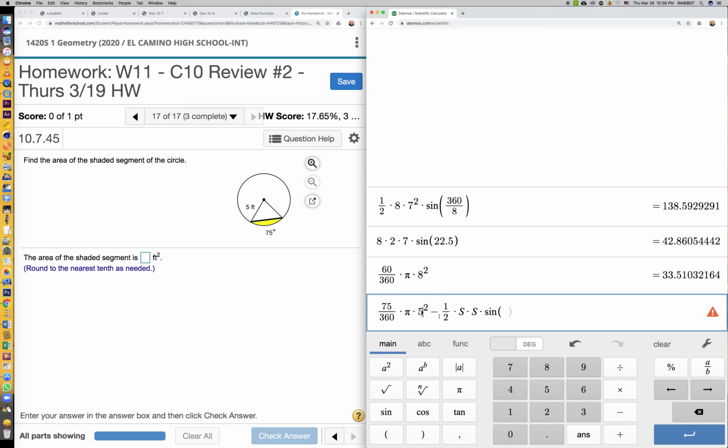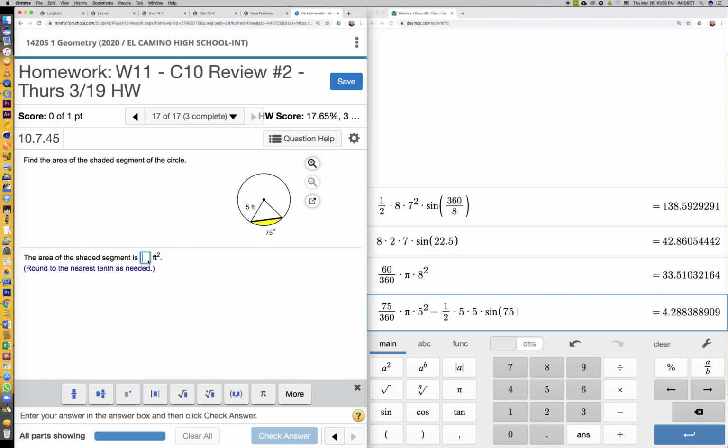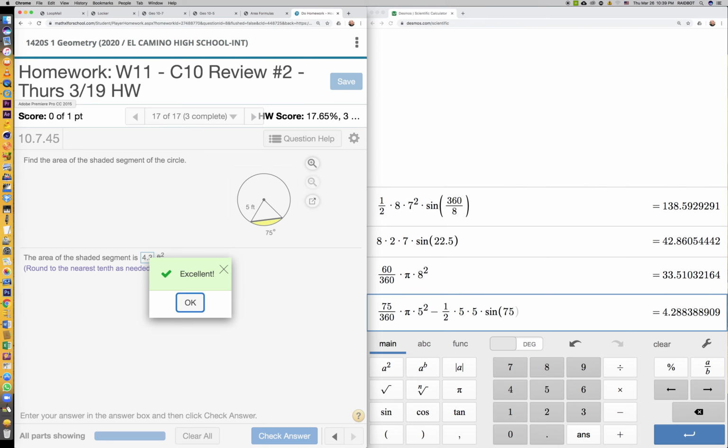Subtract half times sine times the two sides, which happen to be 5, the radius. And then the angle right here also happens to be 75 degrees. So I put 75 degrees there. That's it, and I got my answer, nearest tenth, 1 decimal. So the answer should be 4.3.